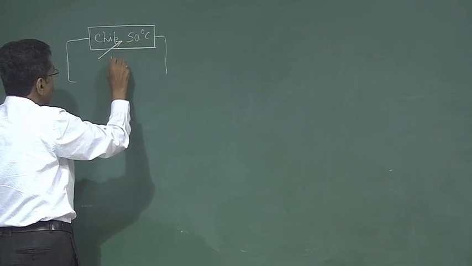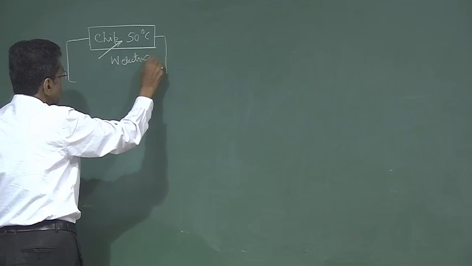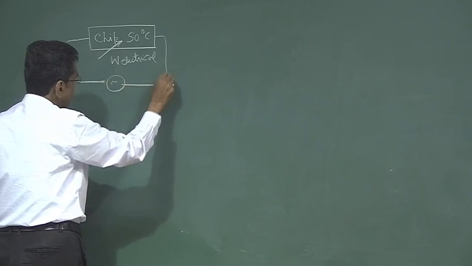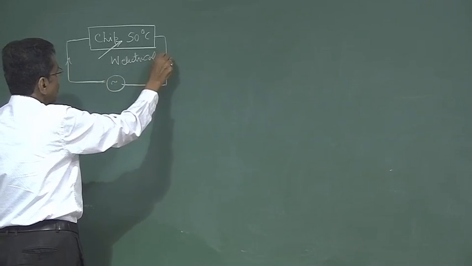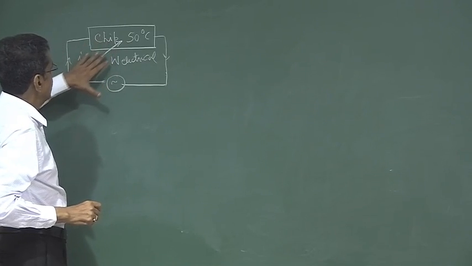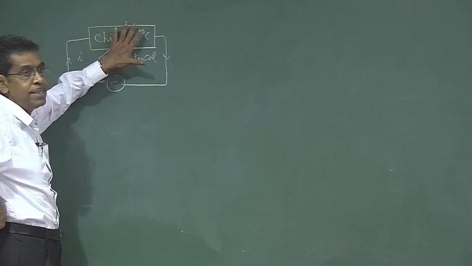That means some voltage, some electric current I passes through it across a voltage. That means some electrical work, simply a resistor concept. You consider a chip which gets heated.